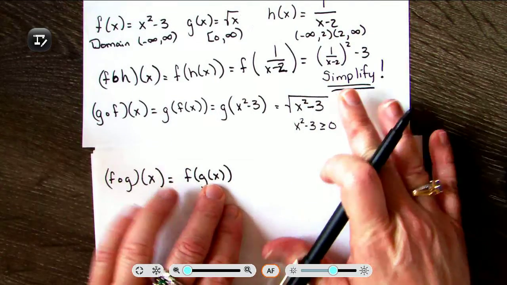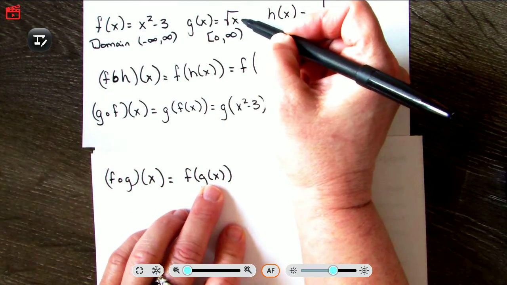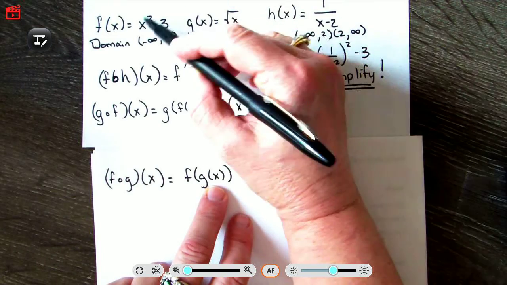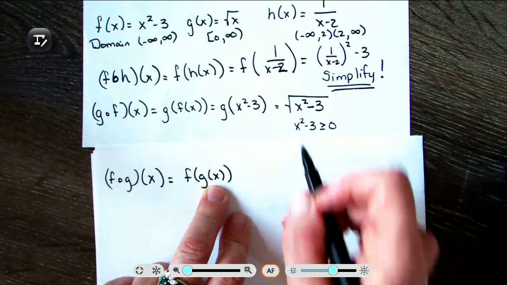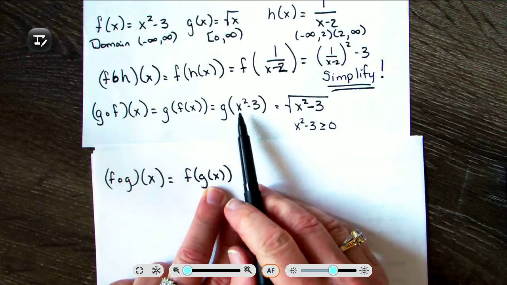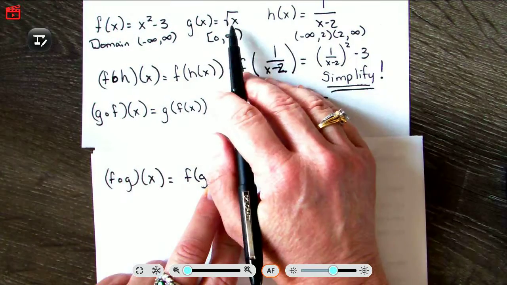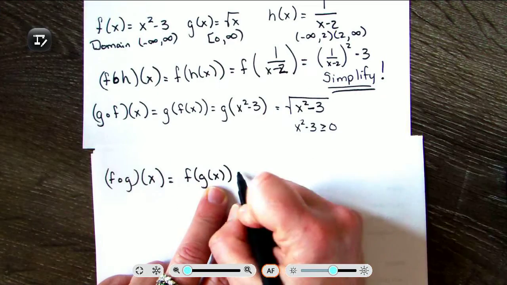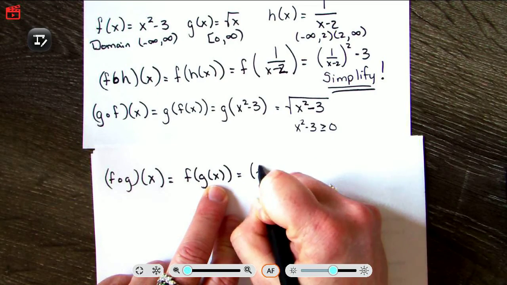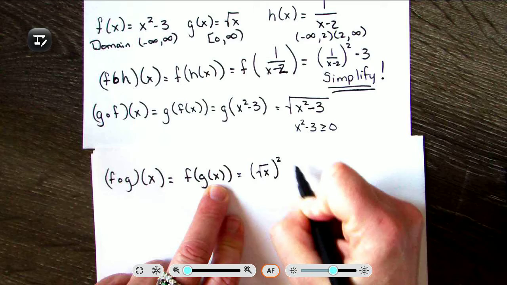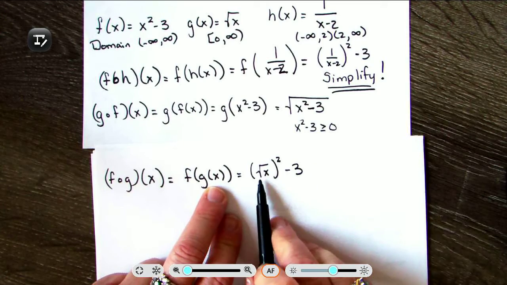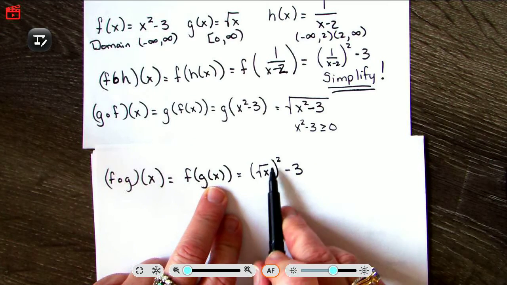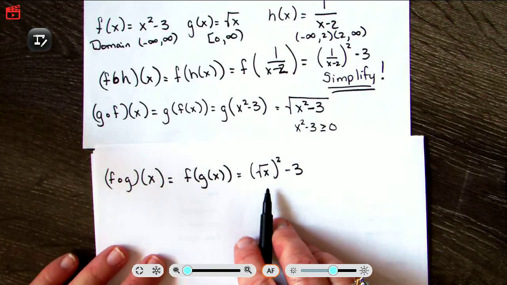So I'm going to be taking g and putting it into f. I'm not necessarily going to write that next step. I'm going to take my g and substitute it in where I see that x. So I will have the square root of x squared minus 3. So you can see that g going into the function f.